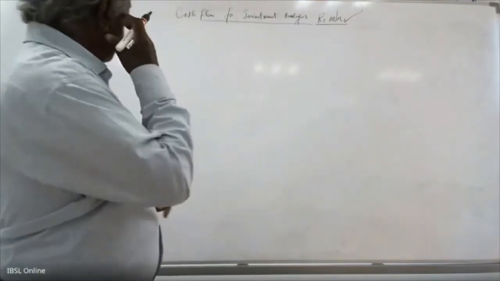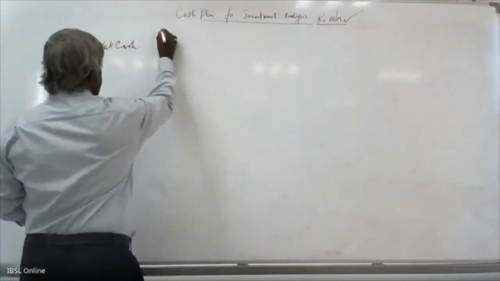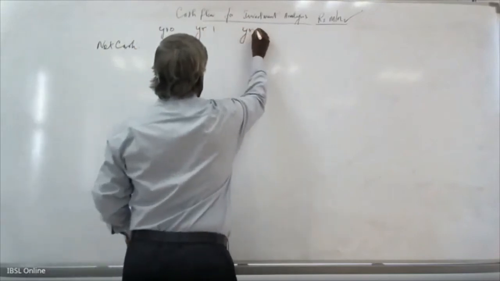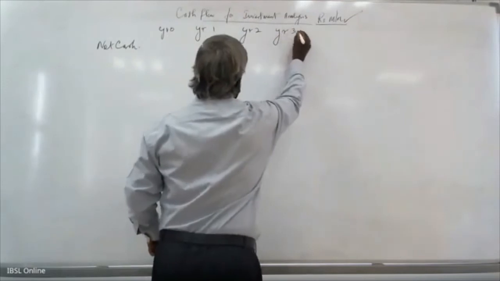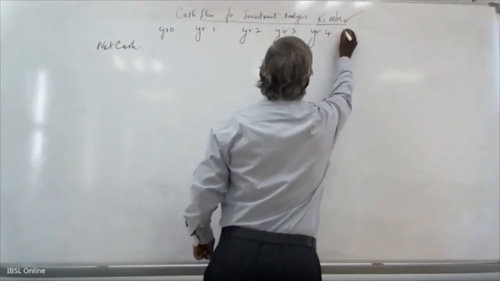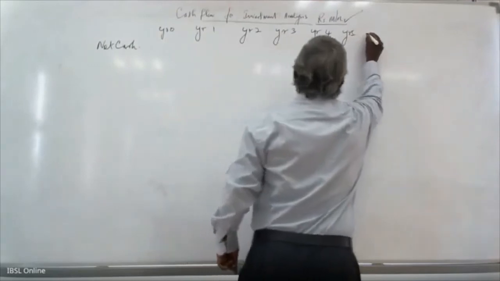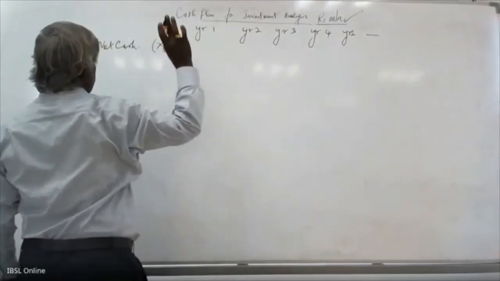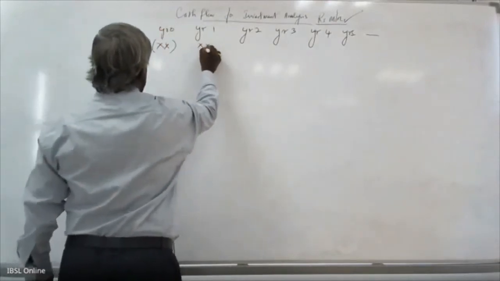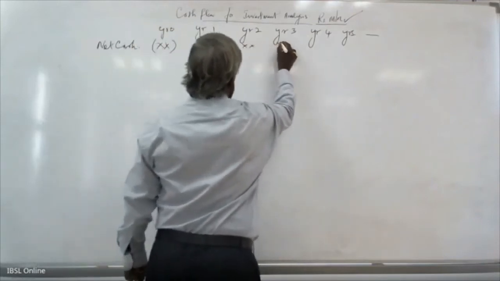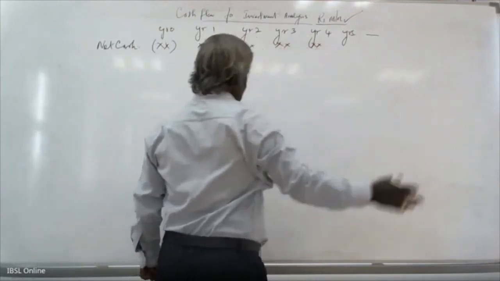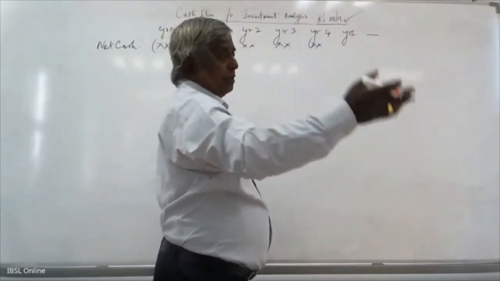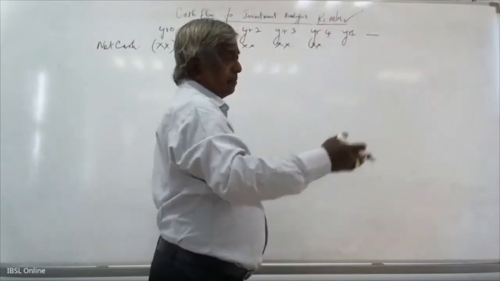You must develop the net cash flow. So year 0, year 1, year 2, year 3, year 4, year 5, and so on. In year 0, the investment will be negative. Then these are the positive figures. You will get the cash flow. What we have done today, before discounting, you develop the cash flow for the investment analysis.